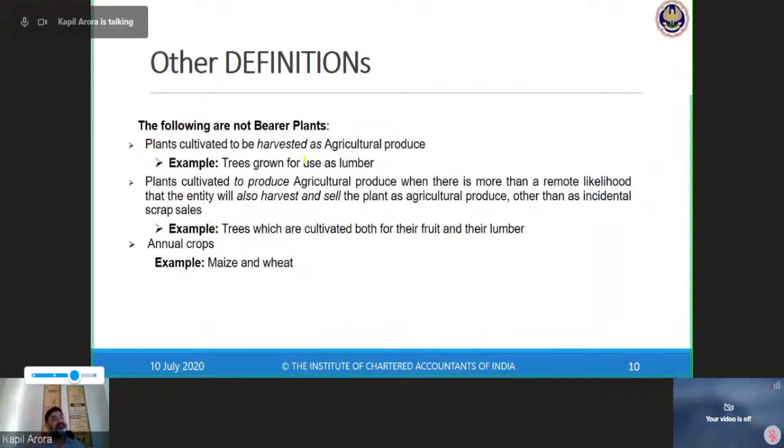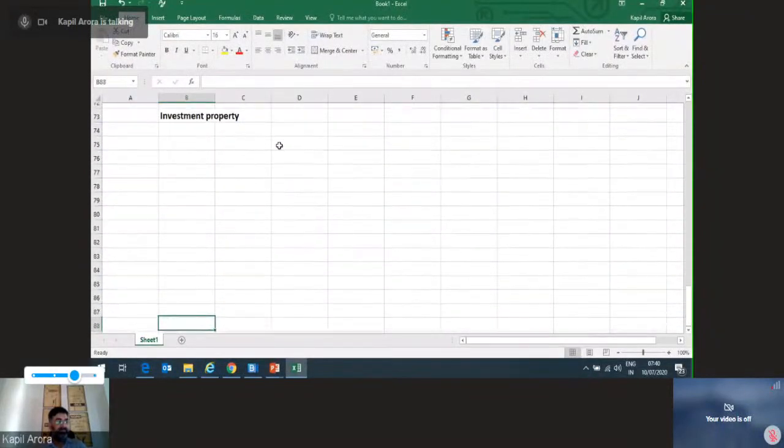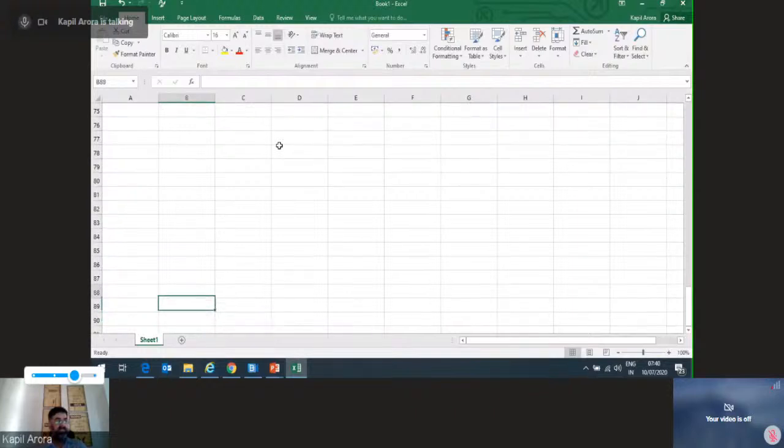Now there are certain items which will not be considered as a bearer plant. First, plants cultivated to be harvested as agriculture produce. I can take the example of a paper manufacturer. Paper gets produced from trees.